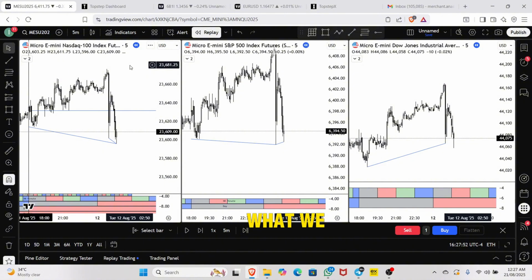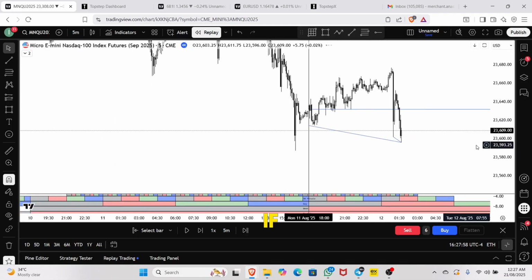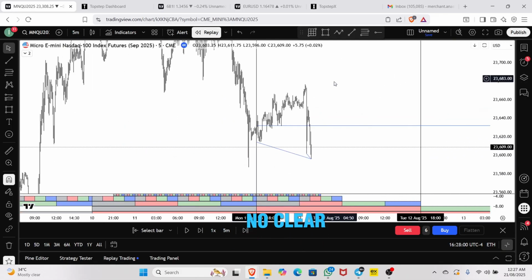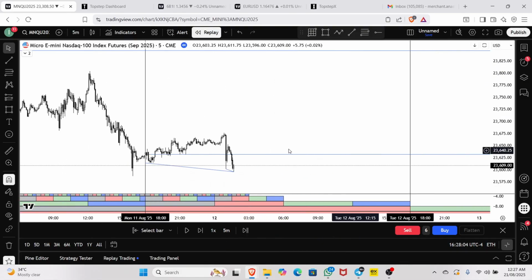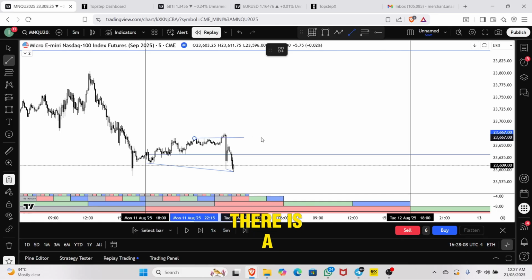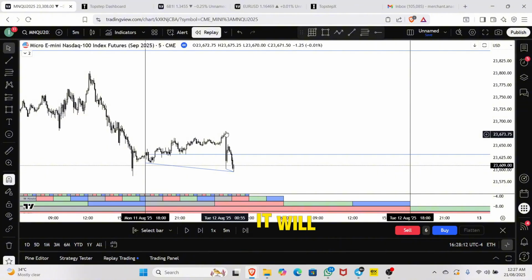Now, in terms of psychology, what we do if we see that there is no clear target at the highs, and even here people would be thinking, oh look, there is not a low resistance liquidity run. There is one. It will be created soon.